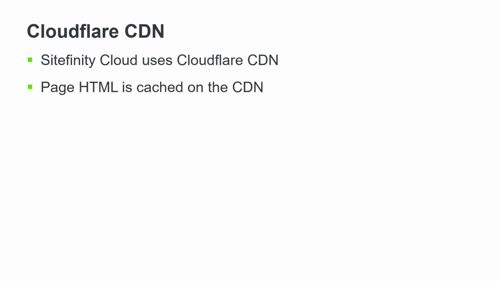The final performance optimization technique used by Sitefinity Cloud is the use of a Content Delivery Network, or CDN. Progress has selected the best-of-breed CDN, Cloudflare, for its performance, feature set, and ability to integrate with Sitefinity Cloud. In the previous video covering availability features, we learned that Sitefinity Cloud uses Cloudflare to store a cached version of the HTML that renders a page.